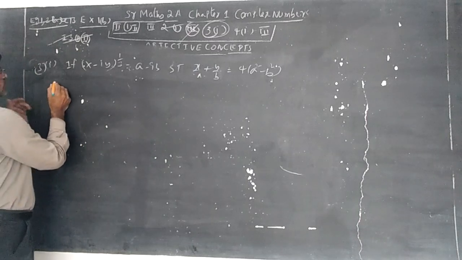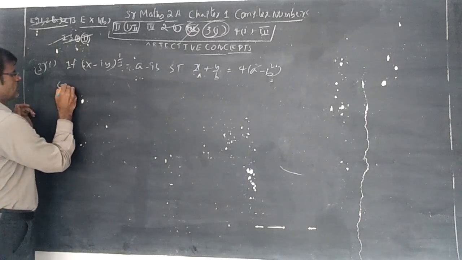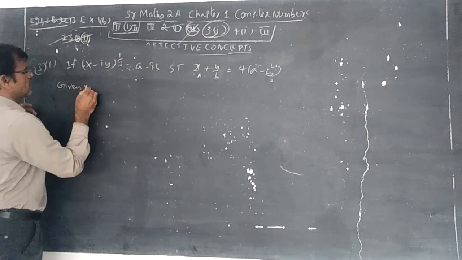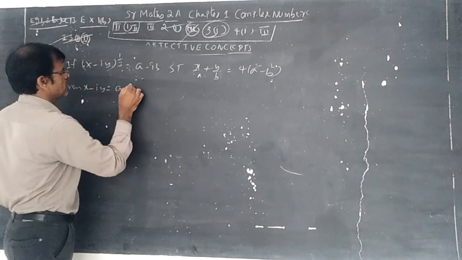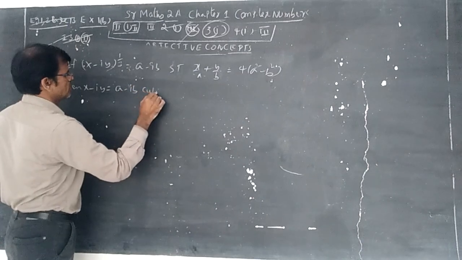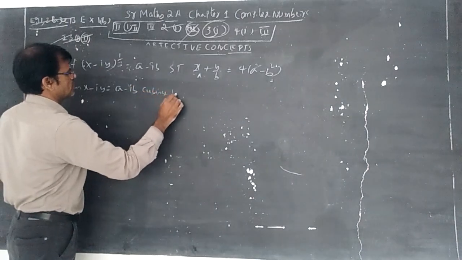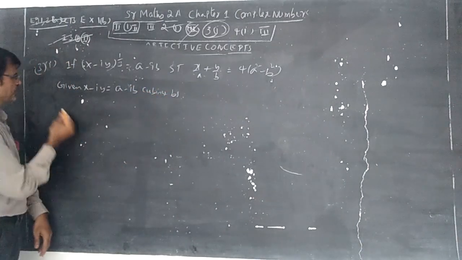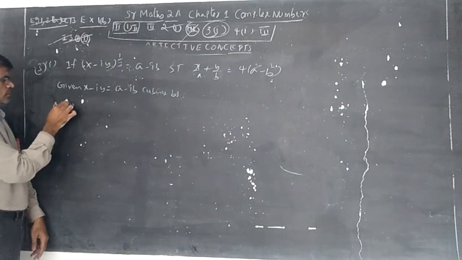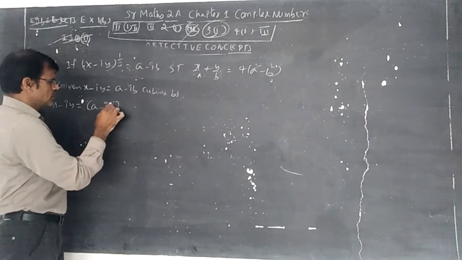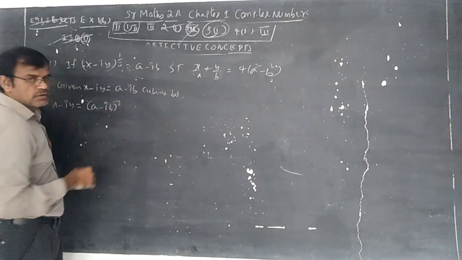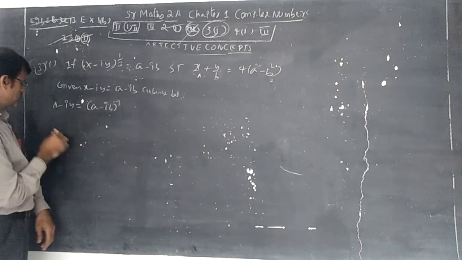Now, given x minus iy is equal to a minus ib. Now we can write, cubing both sides, x minus iy is equal to (a minus ib) whole cube.